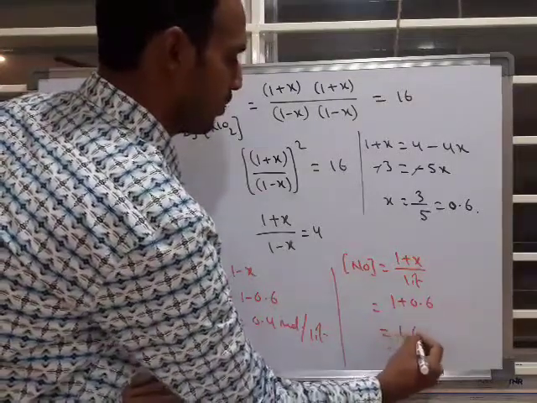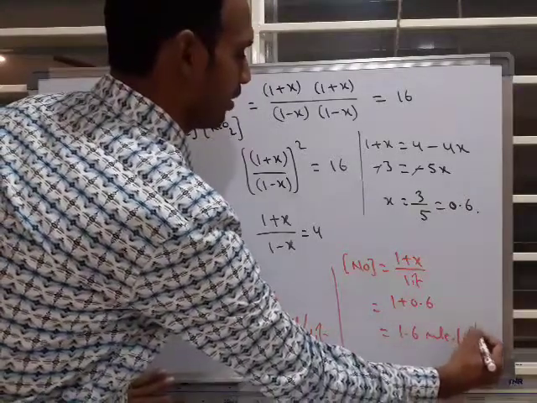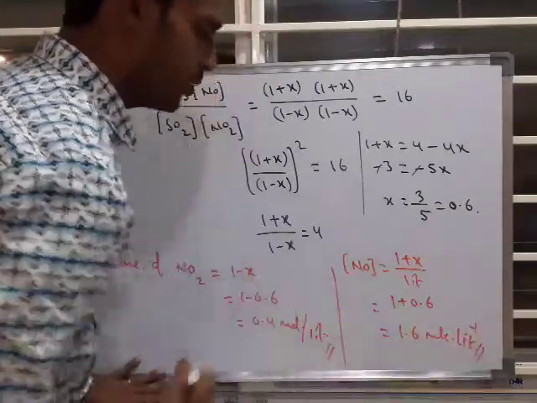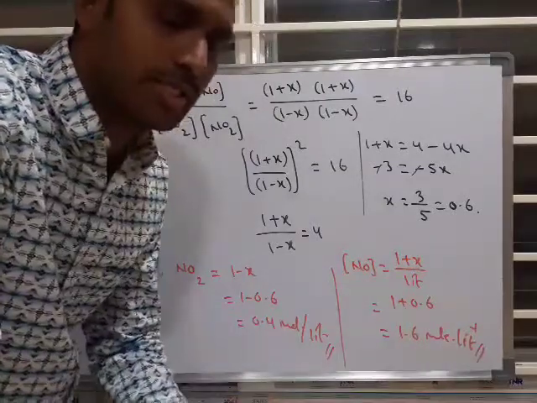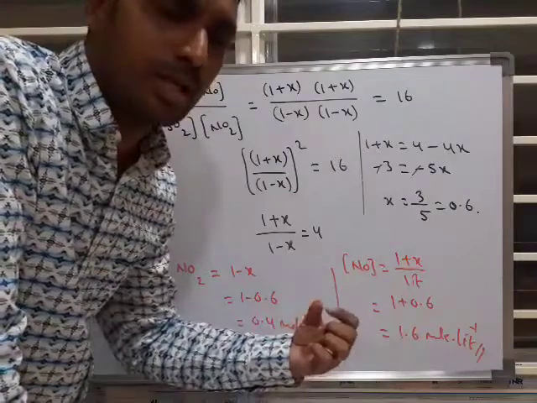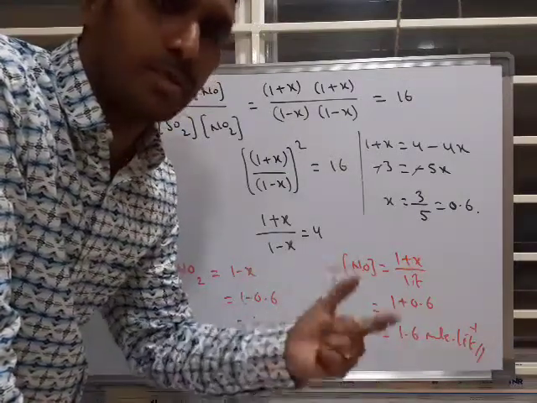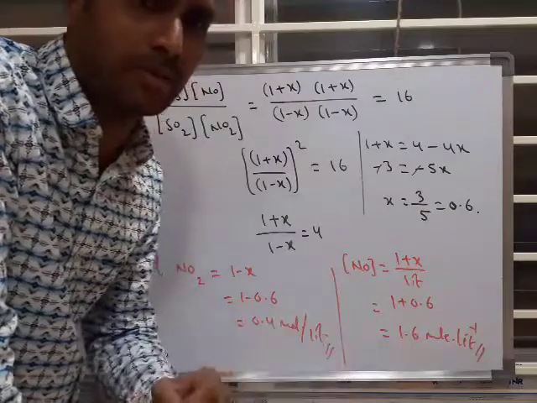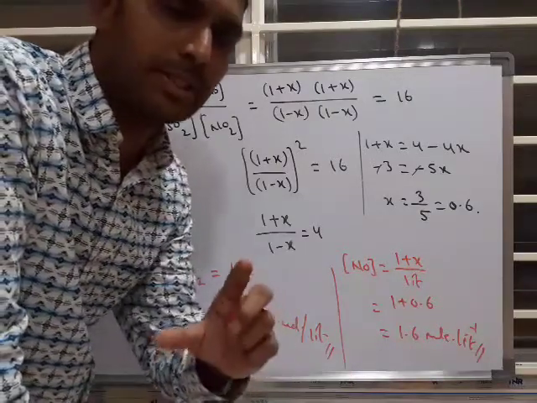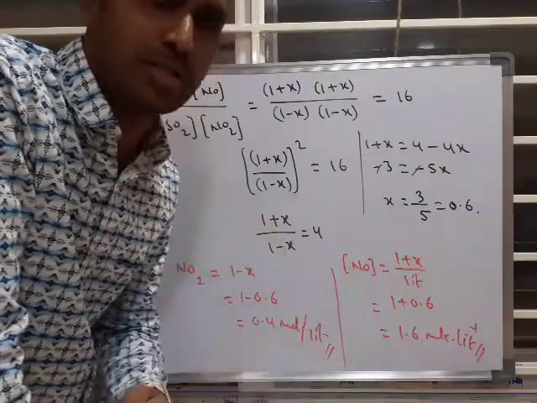And so it is 1.6 moles per liter. So these are the equilibrium concentrations of reactants and products. Just taking x, writing minus x and plus x for the moles, and substituting in the Kc value, that is the important part. Okay, so try to complete all the problems in the worksheet. If you have at least one doubt, you can ask me. Okay.